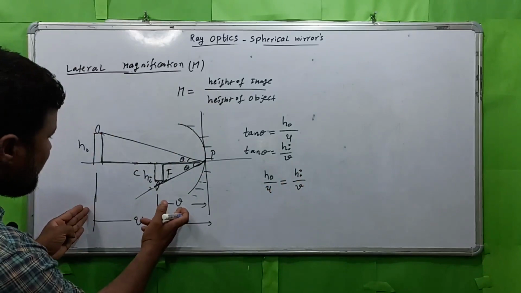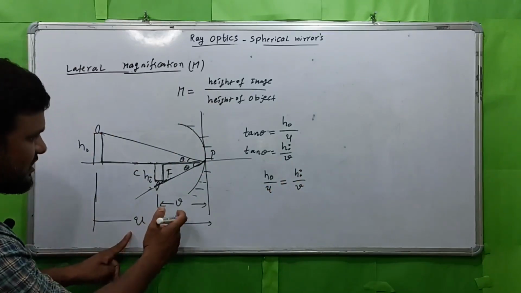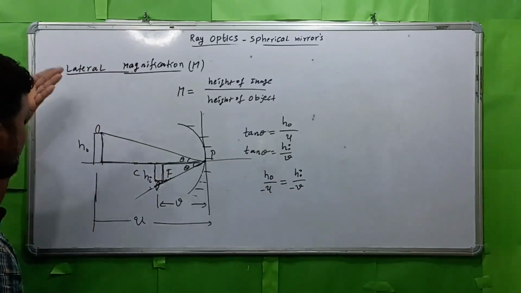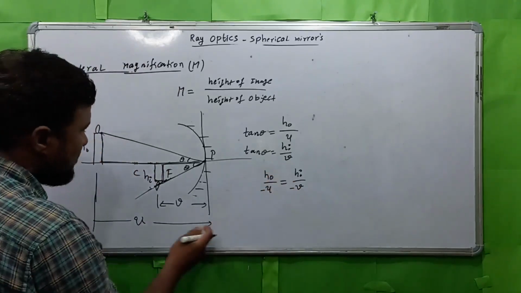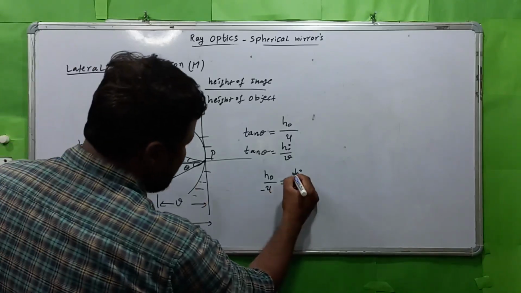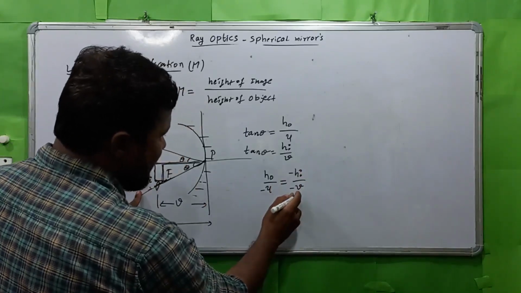On the left side, v and u are taken as negative. The height of the object above the principal axis is taken as positive, and below the principal axis as negative. The height of the image is negative, so the minus signs get cancelled.